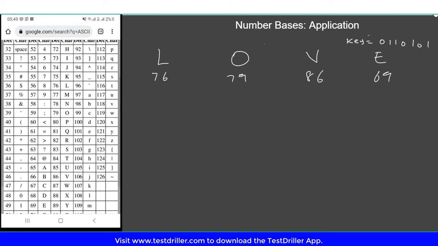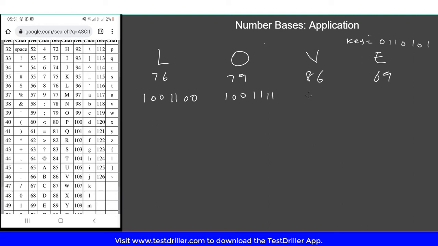L, which is 76, in base 2 is 1001100. So if you convert 76 to base 2, you get 1001100. Then letter O, which is 79, in base 2 will give 1001111.